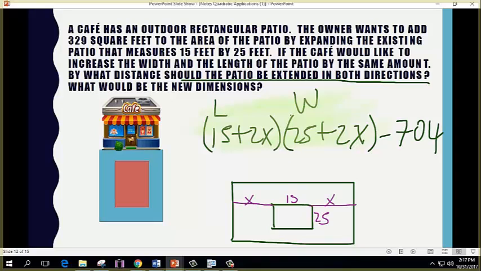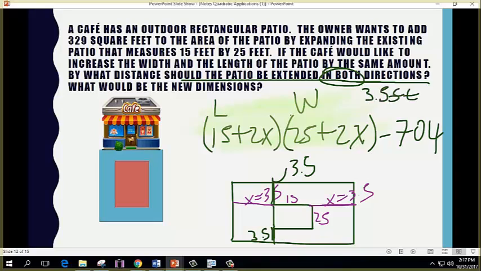What we have to do is extend off 3.5 feet in both directions. We have to extend off here 3.5 feet and here 3.5 feet as well. So by what distance should the patio be extended in both directions? The answer to that is 3.5 feet.